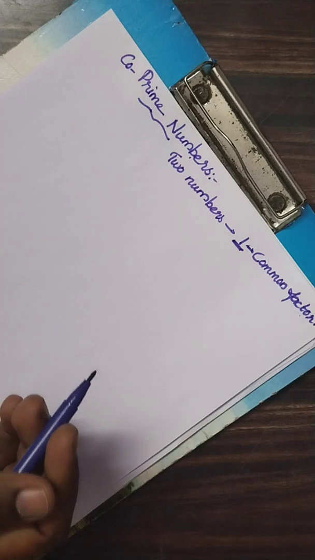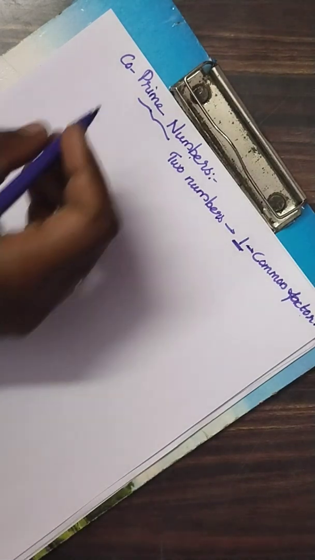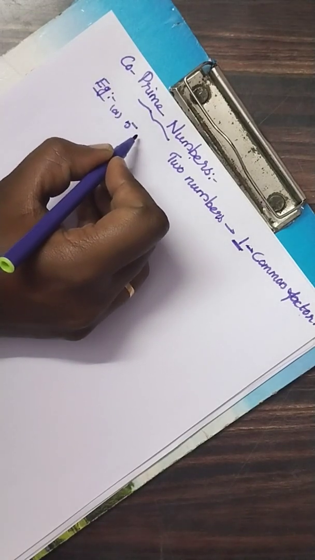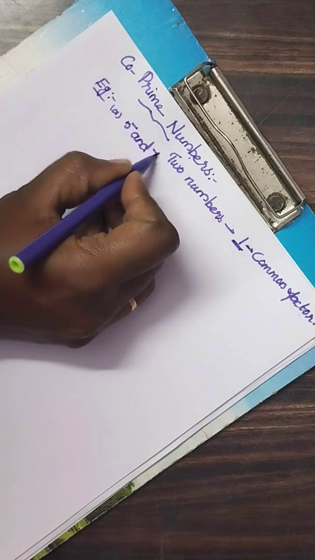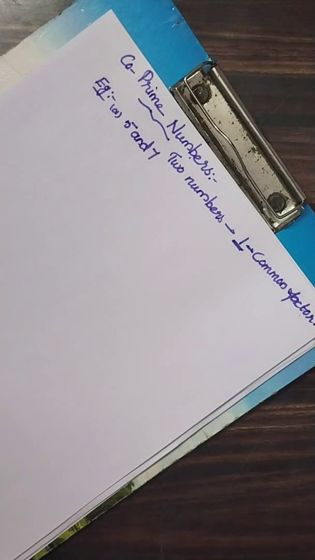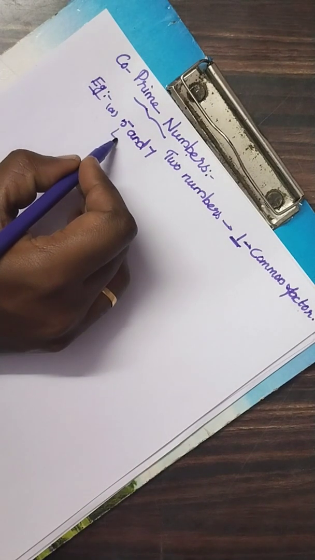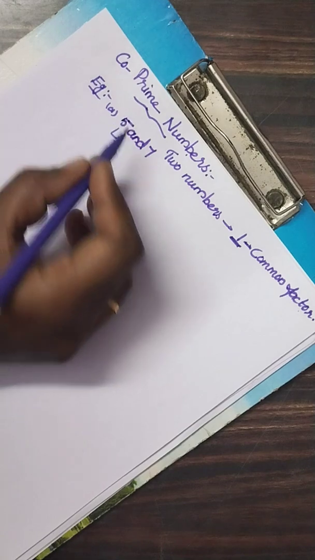Okay, then for example, the numbers 5 and 7. Here you can factorize these numbers. First number 5.